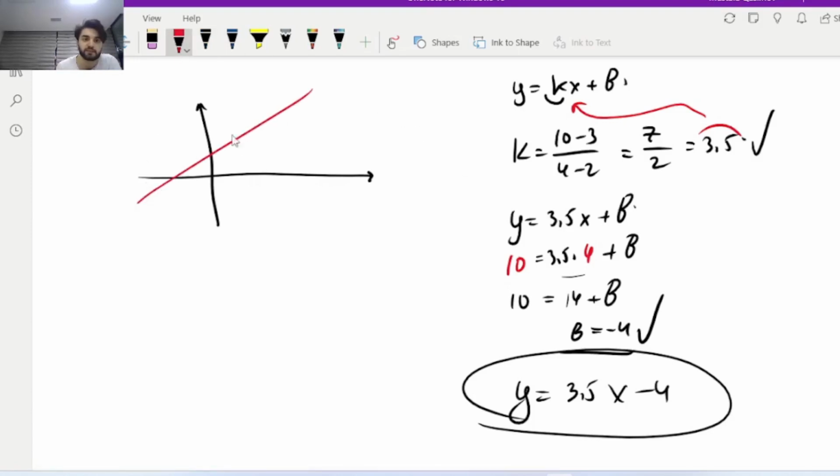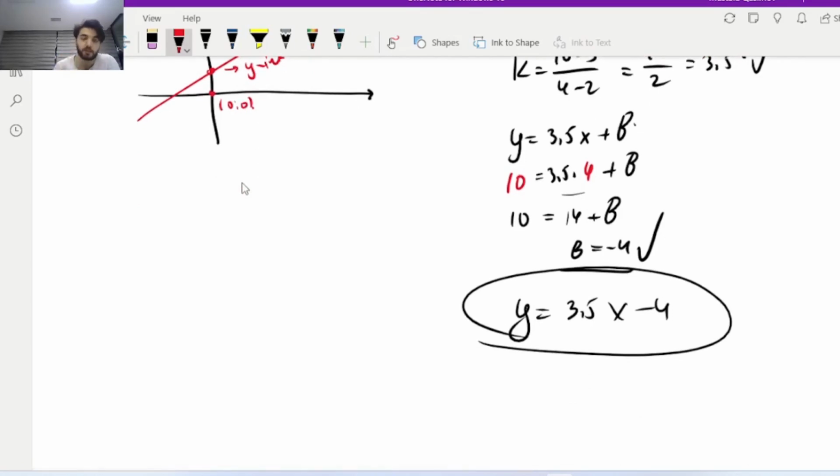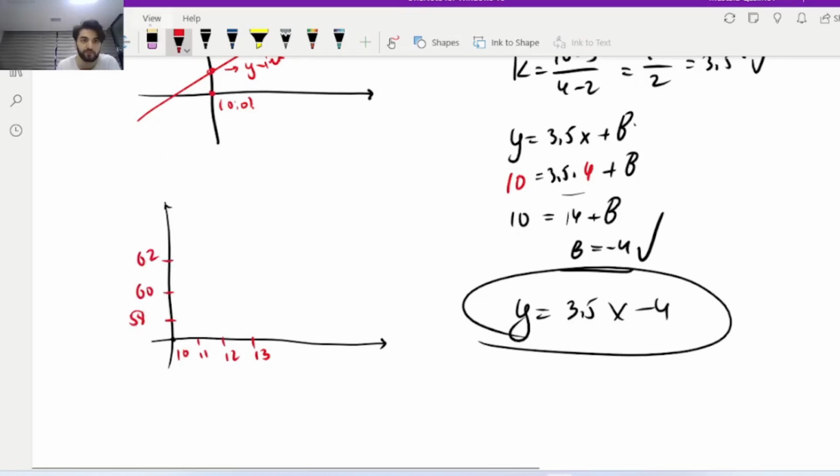Okay, we say that this point is y-intercept when here is the 0 and 0 point. But sometimes they can put a question like this. Okay, let's say here is 10, 11, 15, 12, 13, 58, 60, 62. We have a line like this.